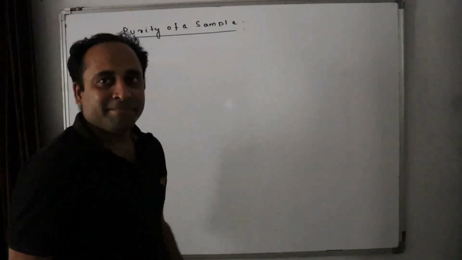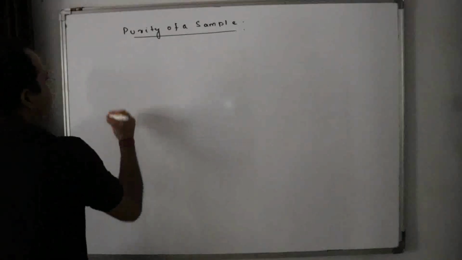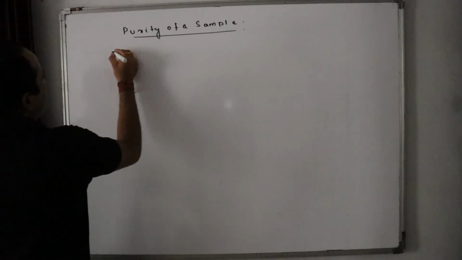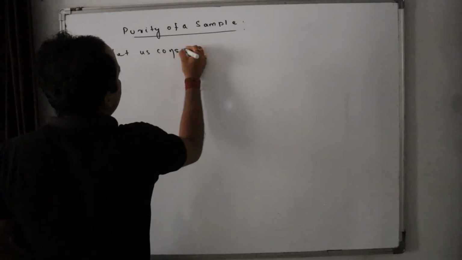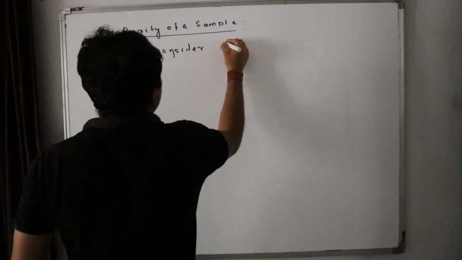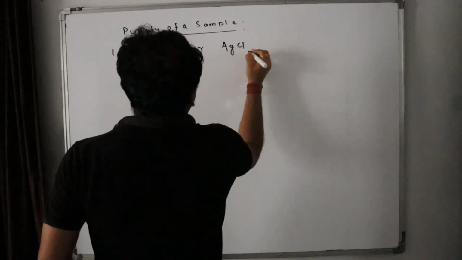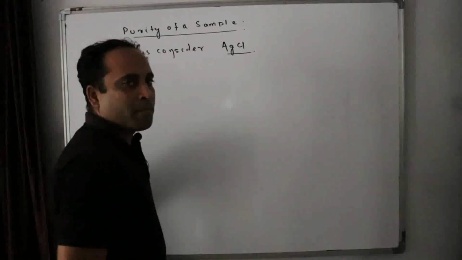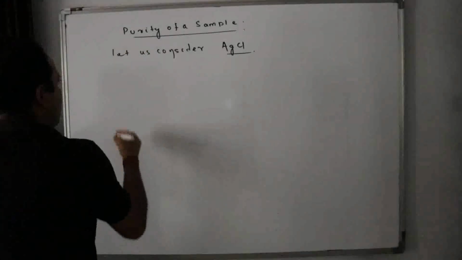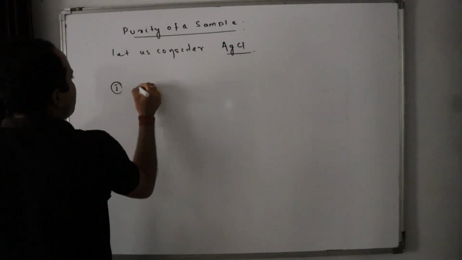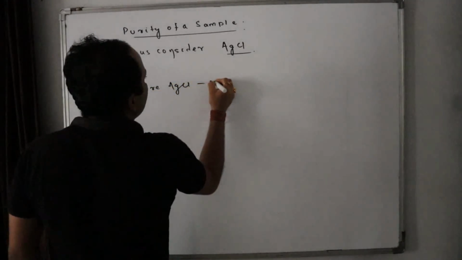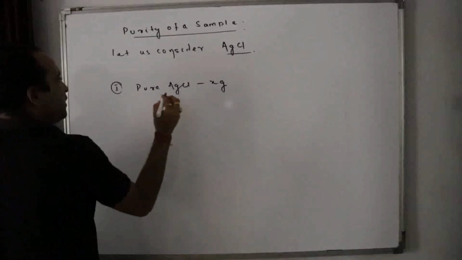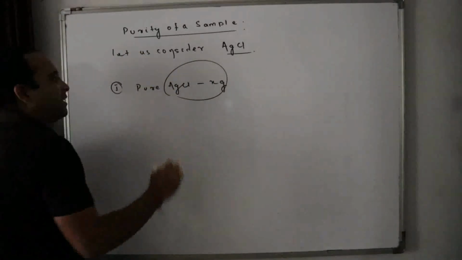What do you mean by that? Look here. Let us take a compound, AgCl, as a sample. In case 1, pure AgCl, x gram, means the entire x gram is purely AgCl.